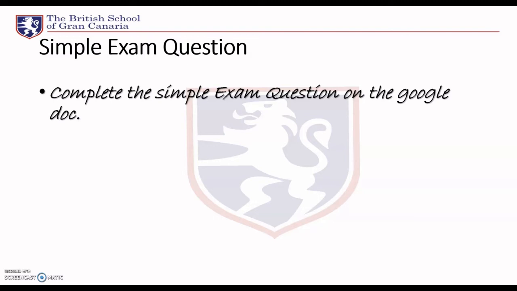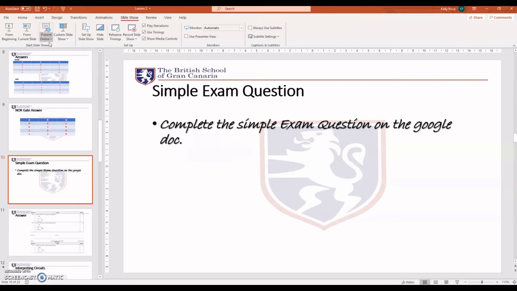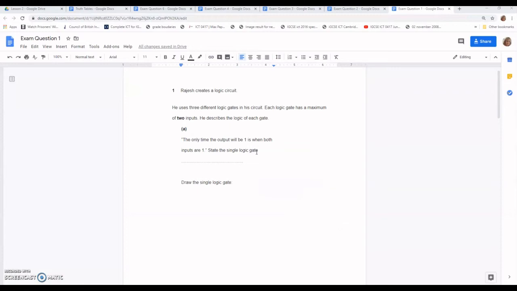Now what I'd like you to do is complete the simple exam question on the Google Doc. In the description underneath this video, the simple exam question is here. It's: Rajesh creates a logic circuit, uses 3 different gates in his circuit, and then it gives a statement to describe the logic gates.